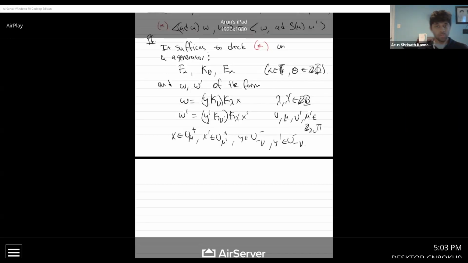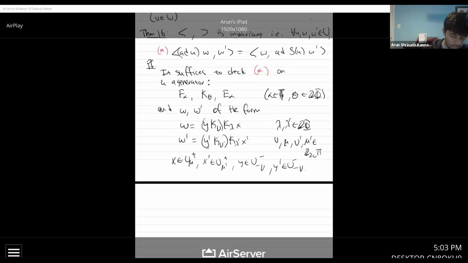Okay, so it suffices to check this relation on the generators and these graded components. In the case u equals K theta, it's a consequence of the orthogonality relation. The form will be degree 0, and it's pretty immediate there.